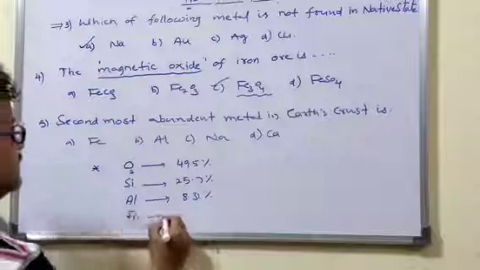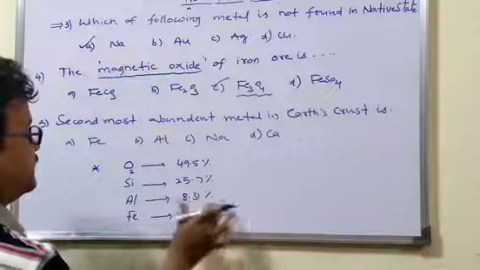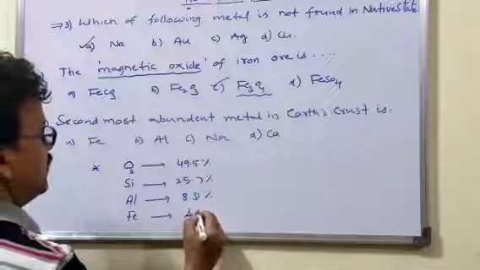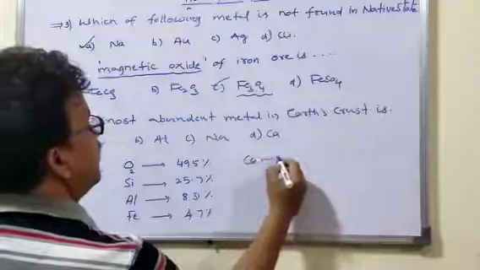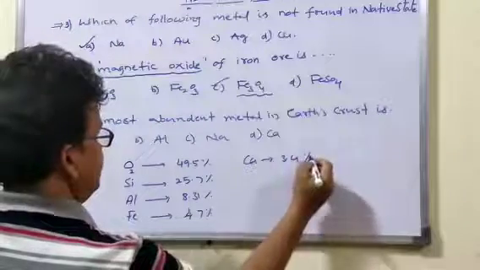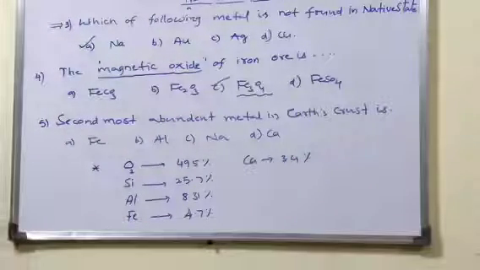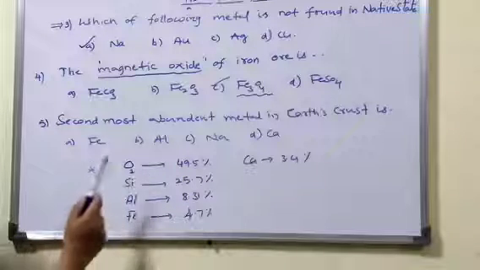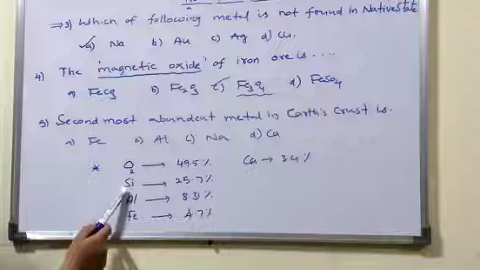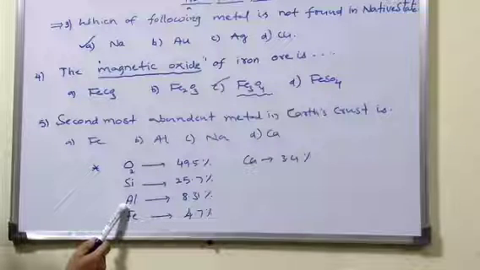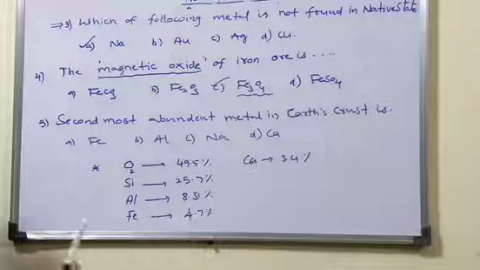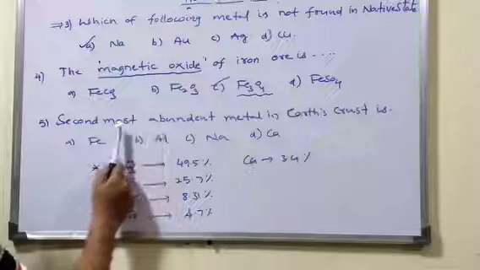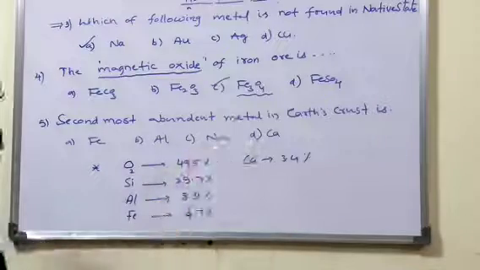Next iron is 4.7%. Next calcium we have 3.4%. This is the top 5 elements. So most abundant element is oxygen, second is silicon, third is aluminum, fourth iron. But they are asking second most abundant metal.